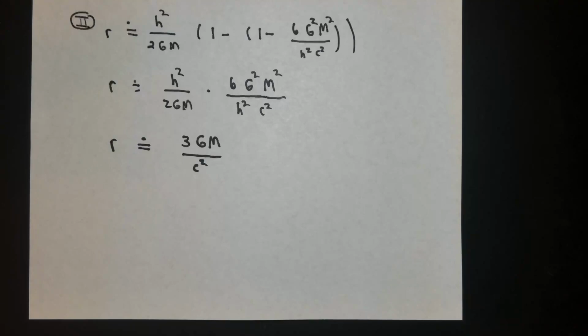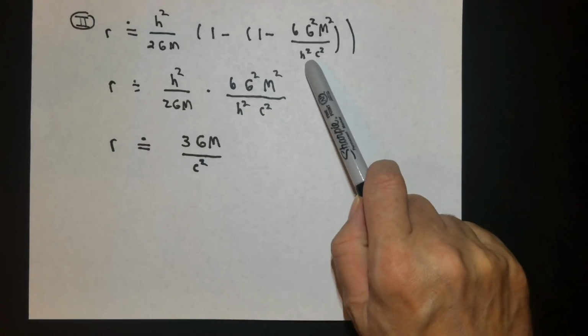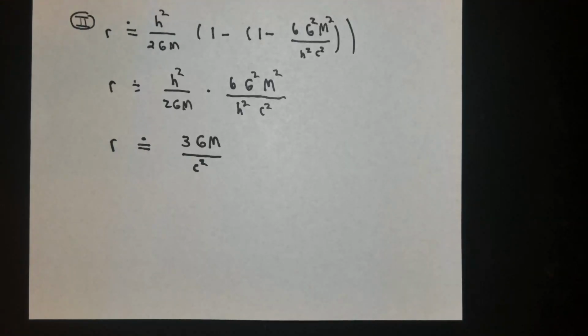So in the case where the term that's being subtracted away is small compared to 1, there will be two orbits possible for each individual value of h. One of them is very close to the Newtonian value. The other one is not.